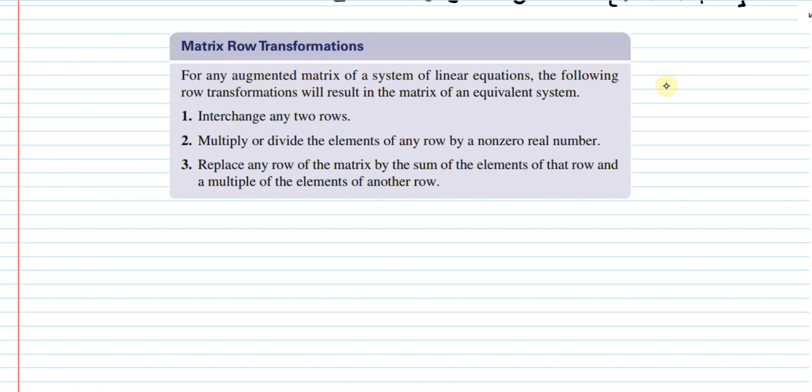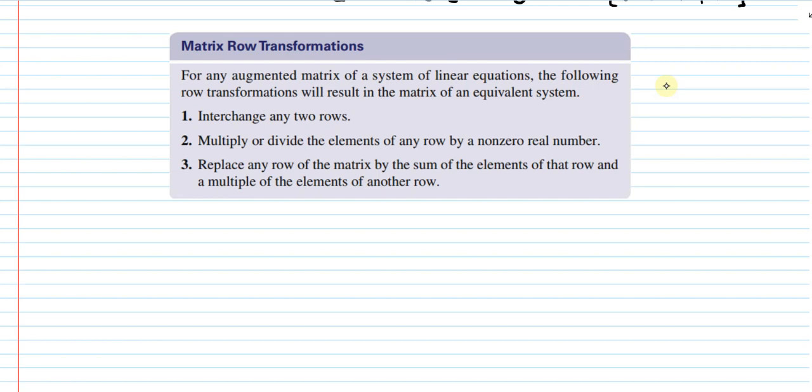First one, you can swap rows, just like swapping equations. Second, multiply or divide elements of any row by a non-zero real number. That's just the multiplication rule for equations. And finally, replace any row by the sum of the elements of that row and a multiple of another row. We will do that, and you will see how this is done.